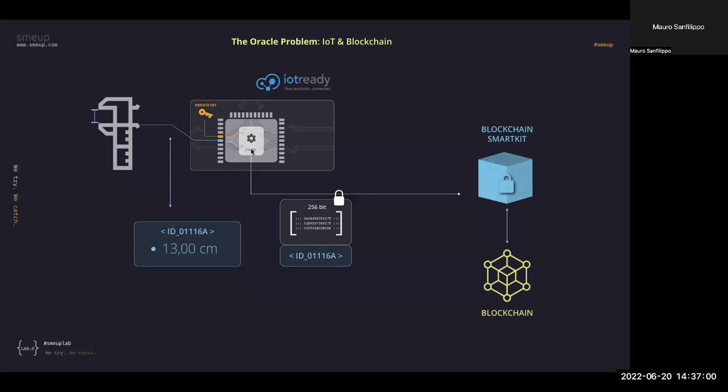We hash it inside the document, and so we can send the document and the ID of the device, for example, and of course also a timestamp, to the smart kit that handles the communication with the blockchain in the same way we have seen so far.